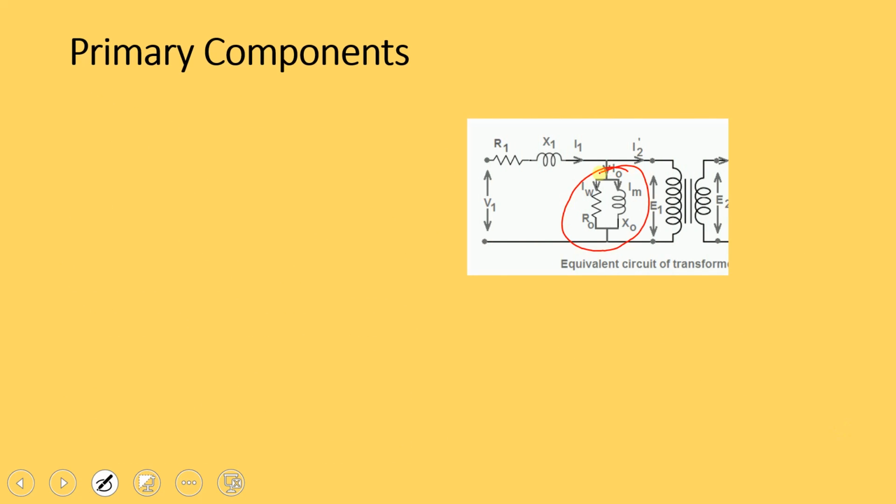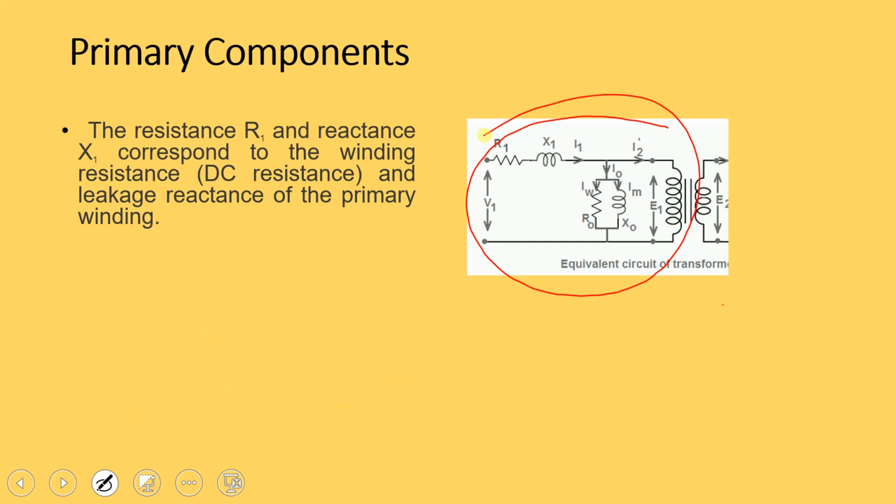This component is called the exciting circuit, and this is R naught due to this IW and X naught due to this IM. And if we are talking about this side, the primary side of the equivalent circuit, these are called primary components. The components on the primary side of a transformer are called primary components.